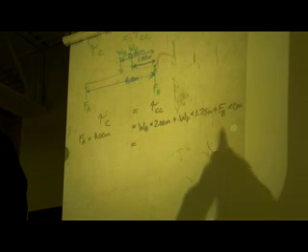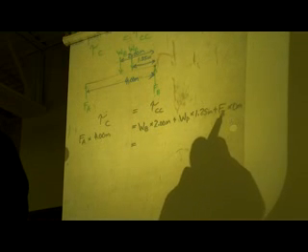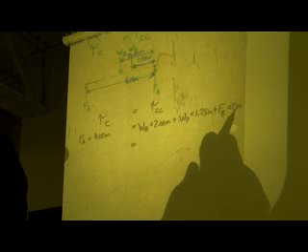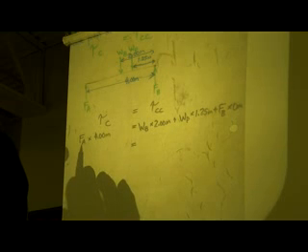It's right at the pivot point. That's how this one becomes 0, and that's how you end up getting one equation with one unknown.